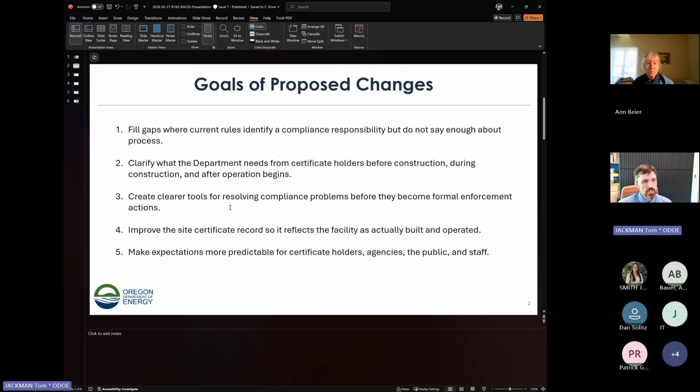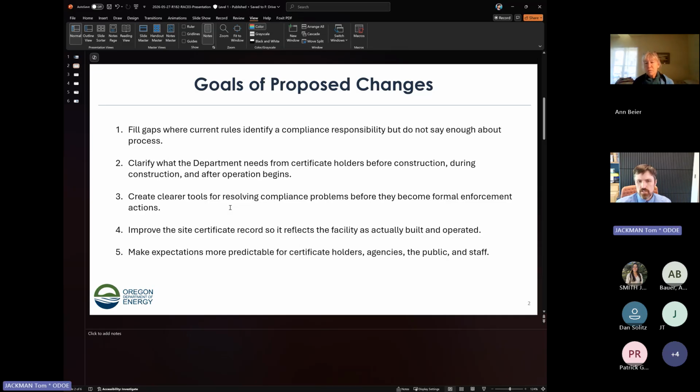So we wanted to create something in between to guide the department, so we're consistent in how we handle issues that may arise, and to provide a more graceful off ramp to facility operators to deal with issues, basically giving ourselves more tools to deal with things.